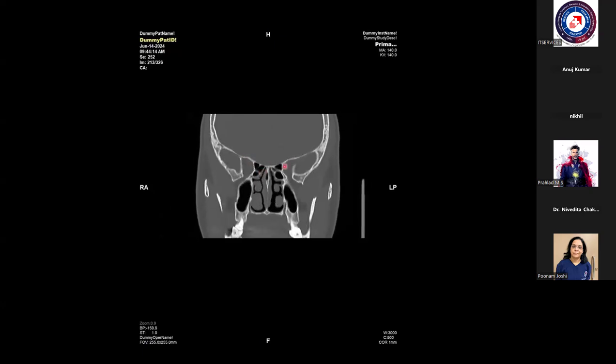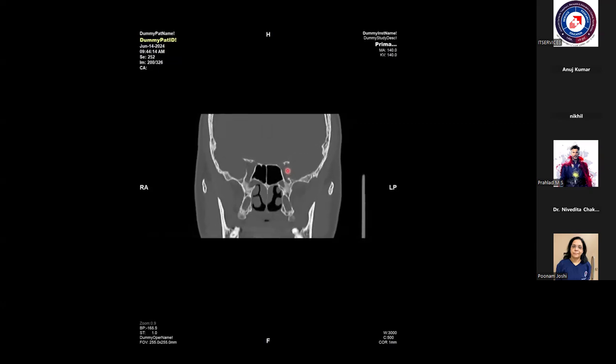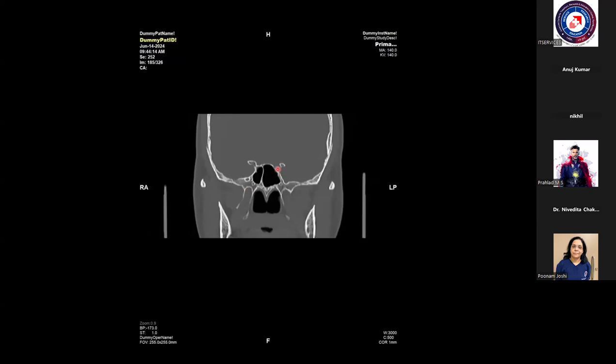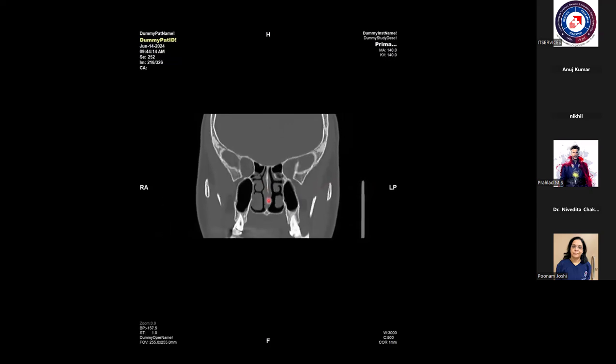You can see this is entering the orbit. This optic canal is limited laterally by the anterior clinoid process. So foramen rotundum, Vidian canal, and this is the optic canal. We go further anteriorly.